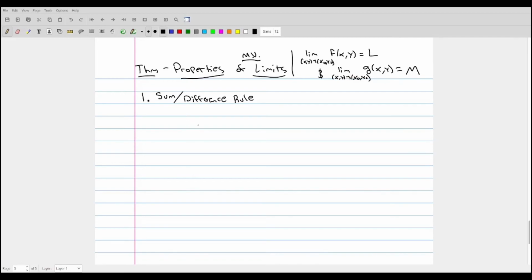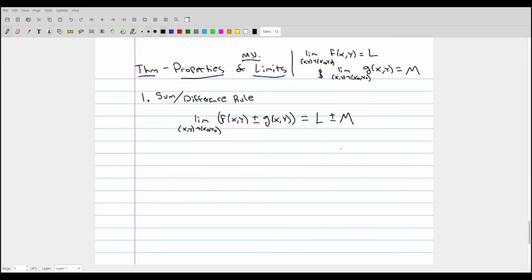So the sum/difference rule says that if we take the limit as (x,y) goes to (x0, y0) of f(x,y) plus or minus g(x,y), like you're taking the limit of the sum or difference of two functions, this limit is going to be equal to the limit of the first function plus or minus the limit of the second function.